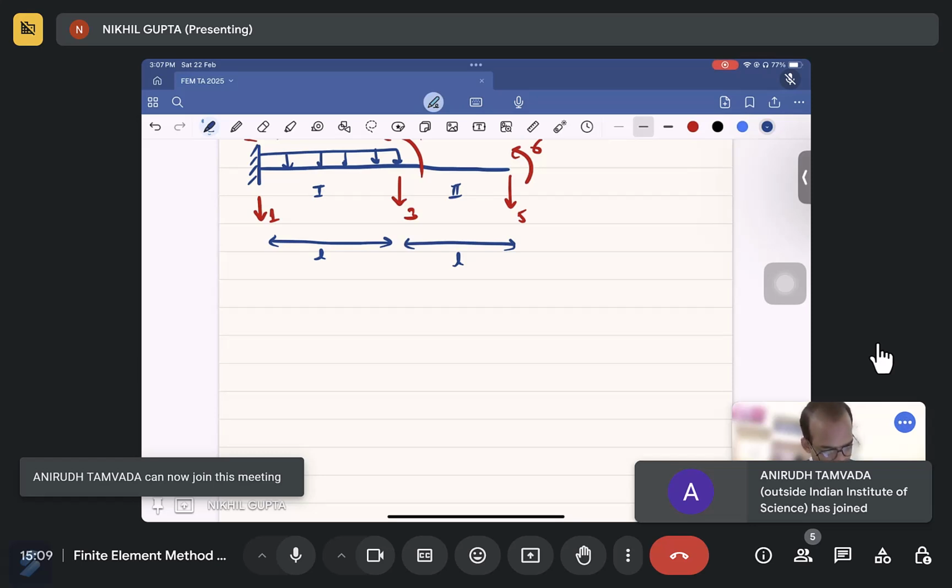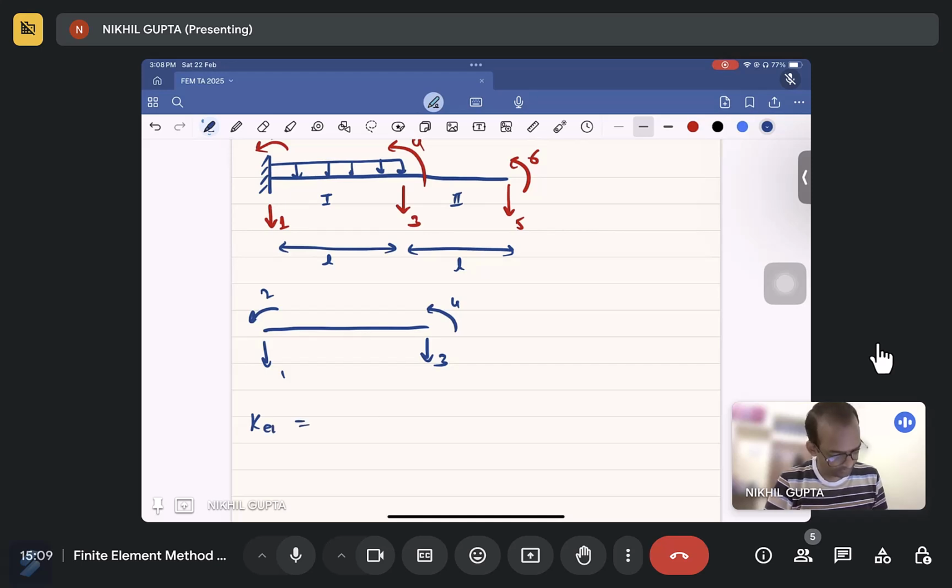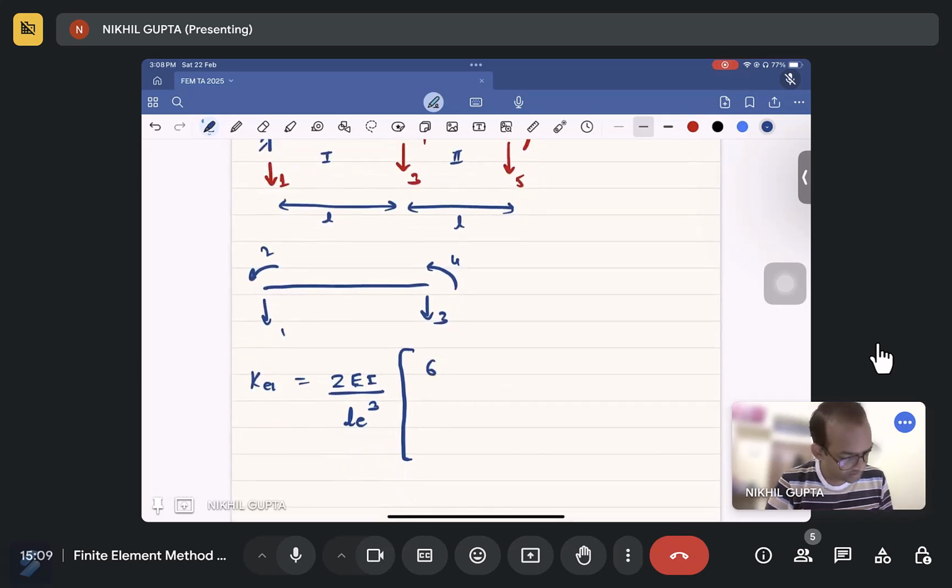When we start solving this, if we have a beam like this with 1, 2, 3, 4 as the degrees of freedom, we know the elemental stiffness matrix K element, which is EI by Le cube times: 6, minus 3Le, minus 6, minus 3Le; minus 3Le, 2Le square, 3Le, Le square; minus 6, 3Le, 6, 3Le; minus 3Le, minus Le square.